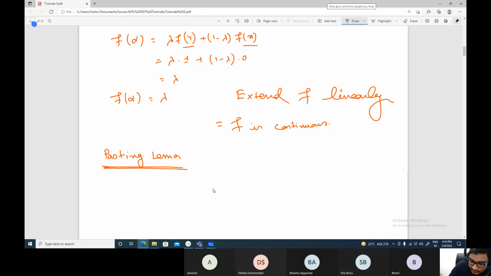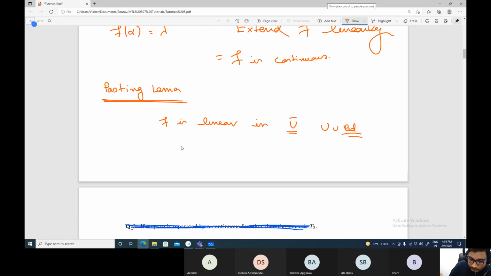So what we can say, f is a linear function in U closure, meaning U union its boundary, right? U closure is closed. So this implies f is continuous.